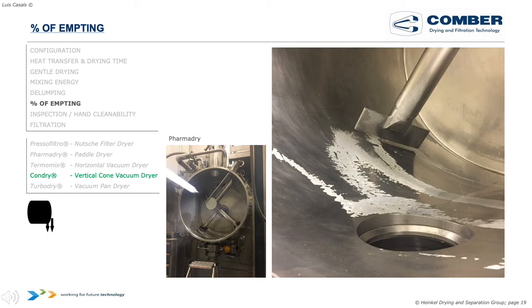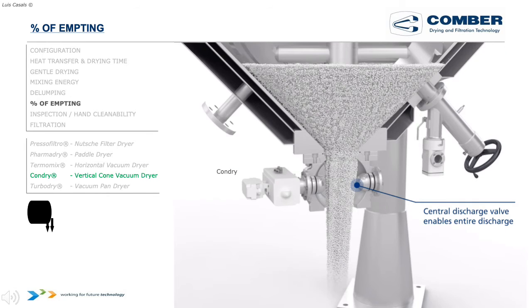You can see in this slide that at the end of the discharging process there always remains a final hill, a residual hill, that it's not possible to remove automatically. Regarding this concept, the best solution entails the installation of a ConDry.